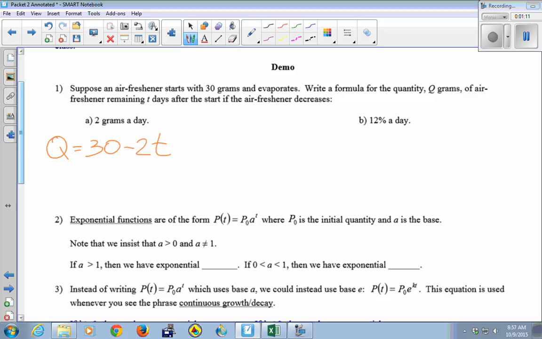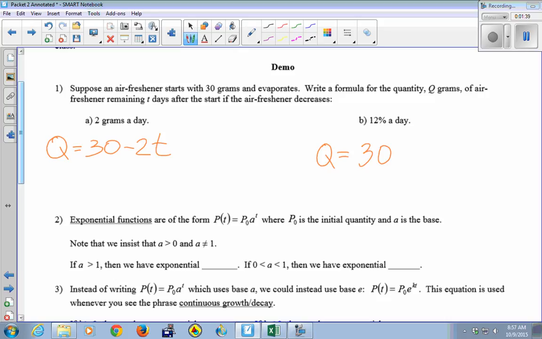Slightly different. We're going to now start at 30 grams, but we're going to decrease by 12% each day. So now I'm going to write Q equals, I'm starting with 30 again. How do I represent a decrease by 12%? $30 times 0.12 T, but that's how much I lose, right?